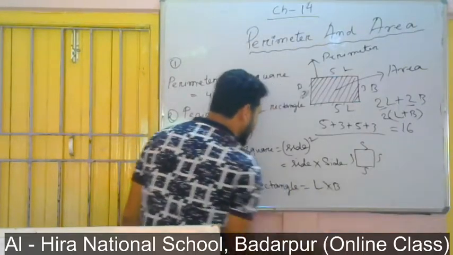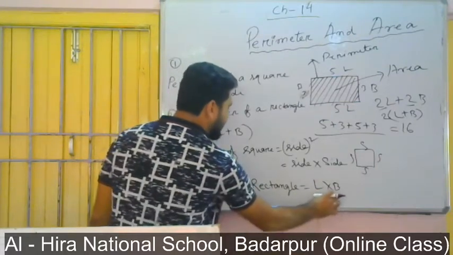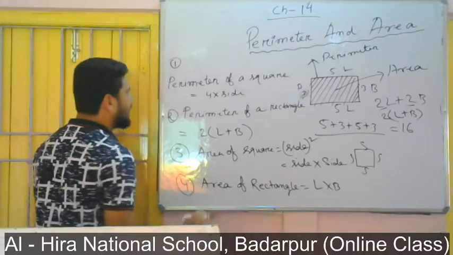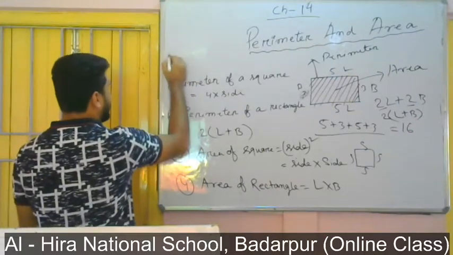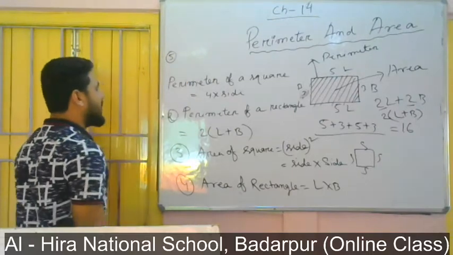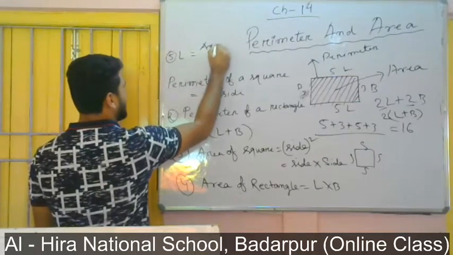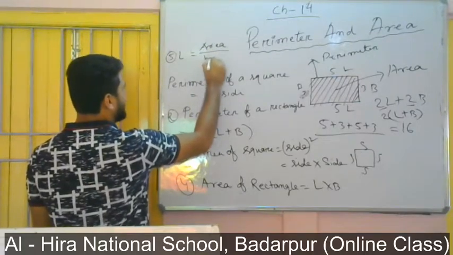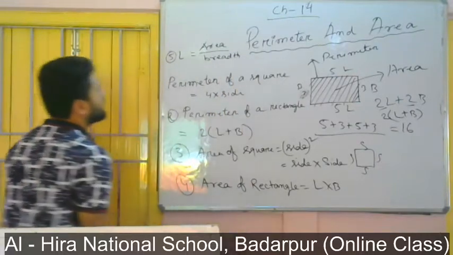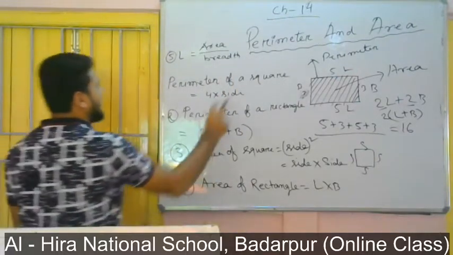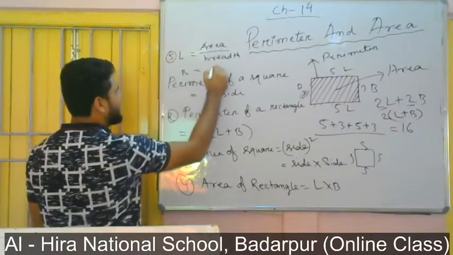One additional formula also you can write to find length or to find breadth of a rectangle. Okay. You can write the formula. Formula 5. Length L will be area by breadth. Area by breadth. Again, if you want to find breadth, then it will be just area by length.